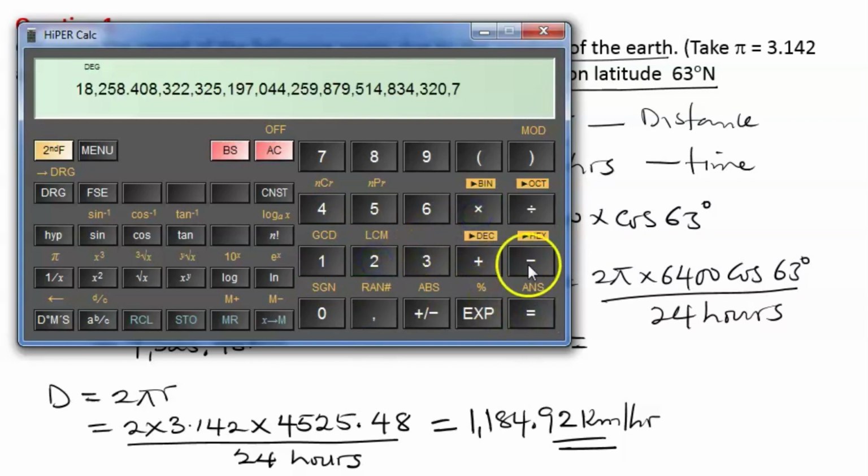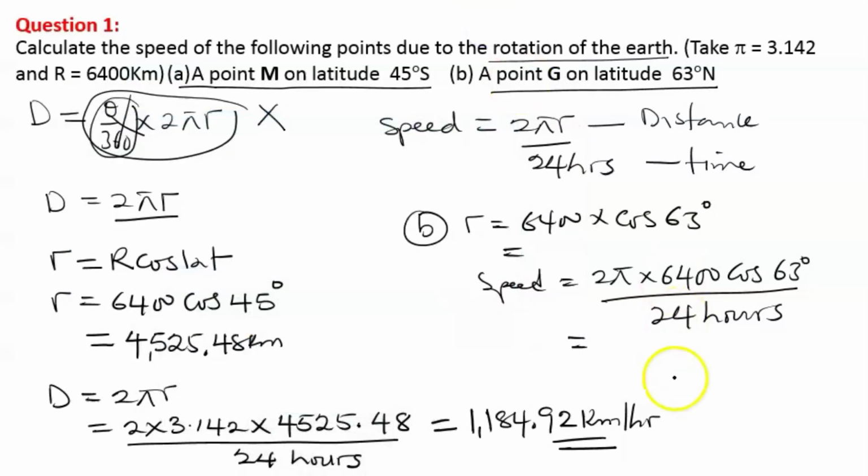That gave me that, divided by 24 hours. That's about 760.77, so we have 760.77 kilometers per hour. So it's something very easy to do.